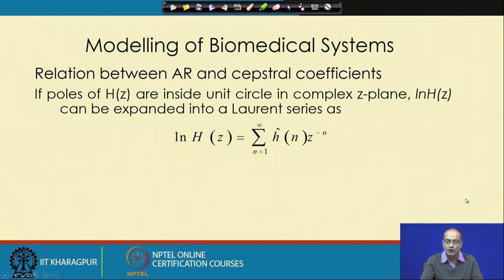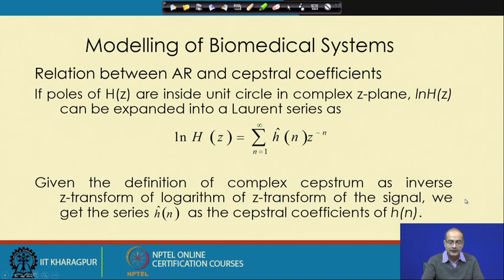If we take log on both sides, which is one of the things required to go to the Cepstral domain, we get on the right-hand side some H hat n as the coefficients of the different orders of z to the power minus n.